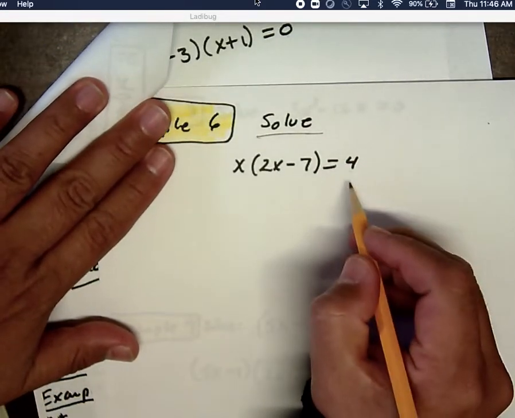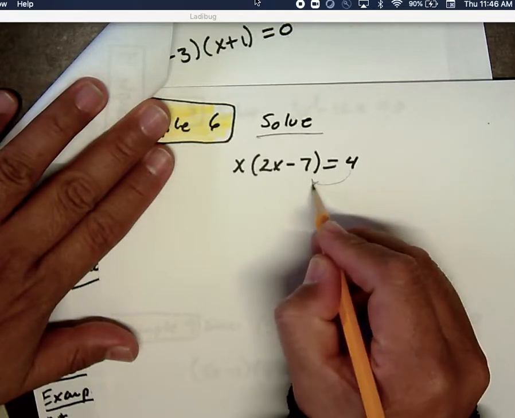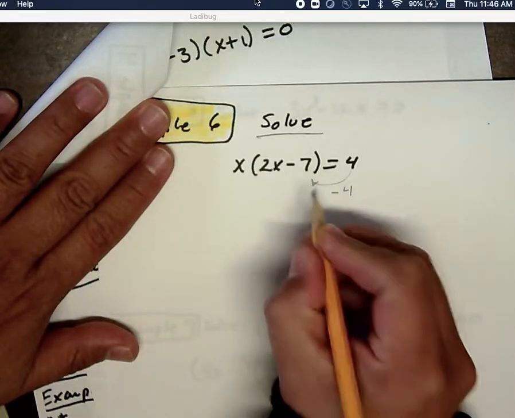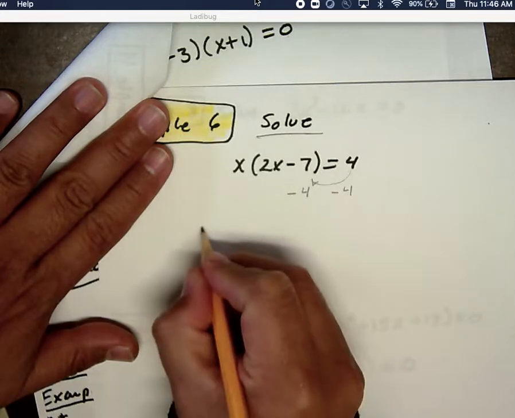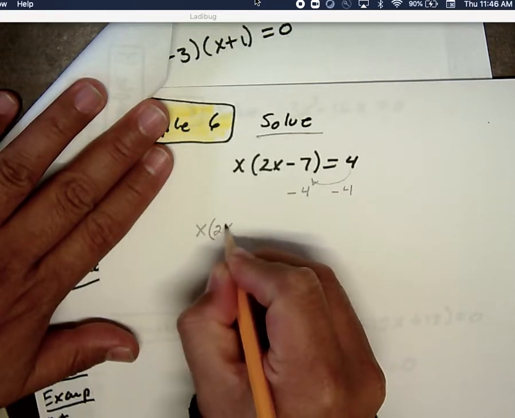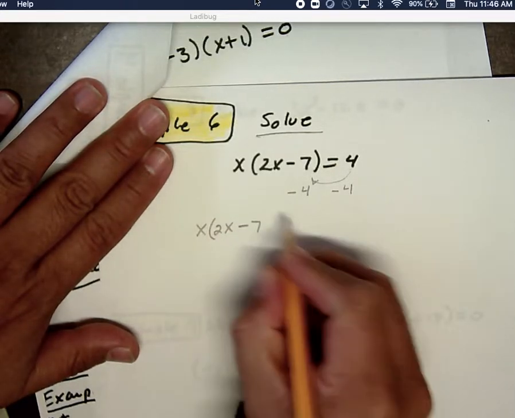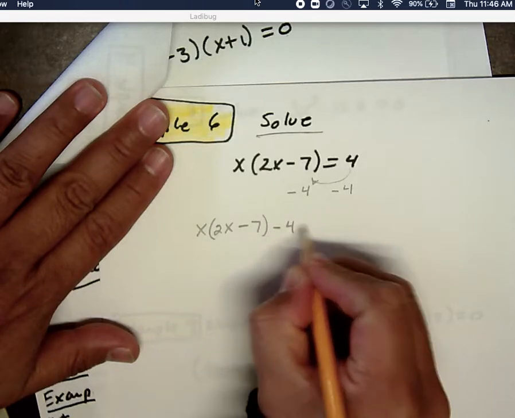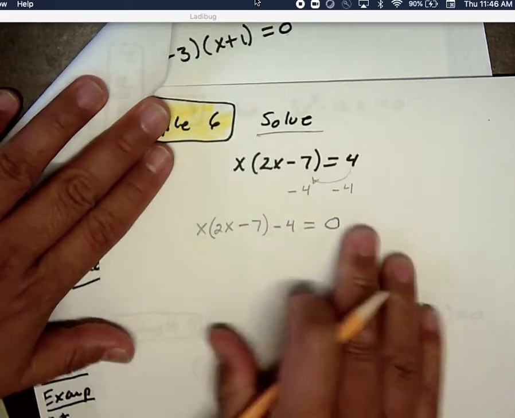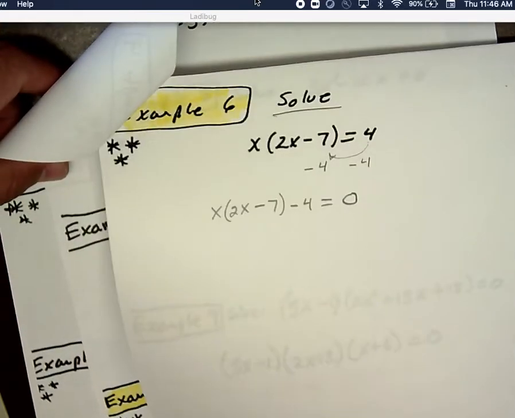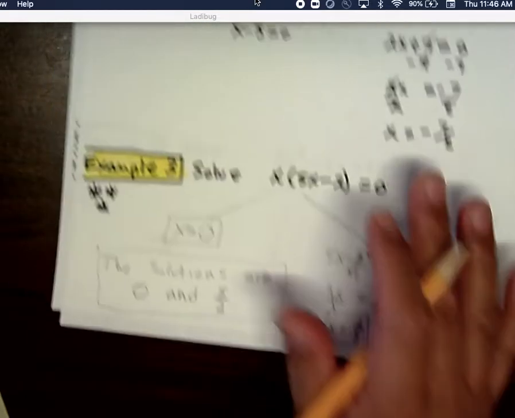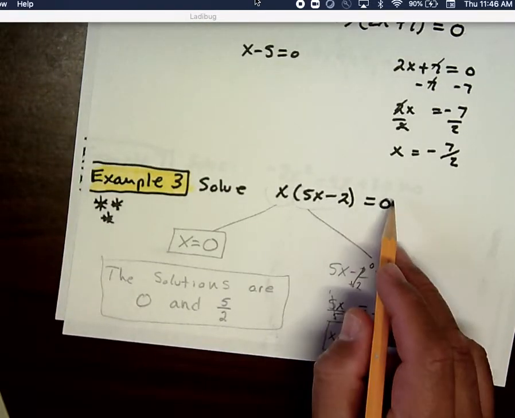So that means we need to bring this 4 to this side. So minus 4. So you're gonna have x(2x minus 7) minus 4 equals 0. So this is not like number 3. Remember number 3 didn't have a number here. It was just 0.